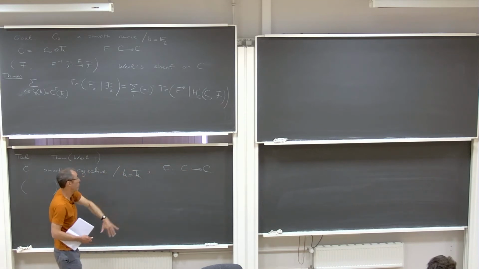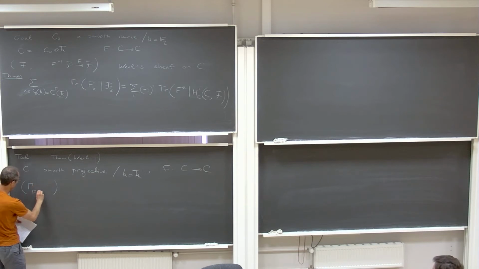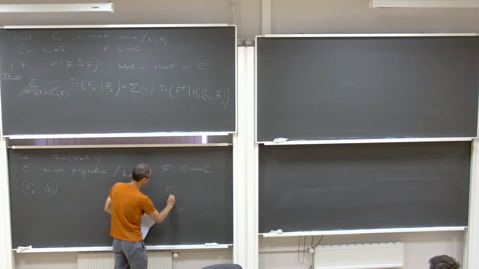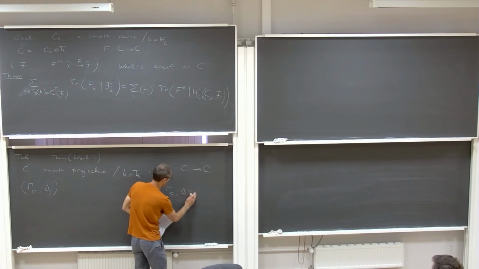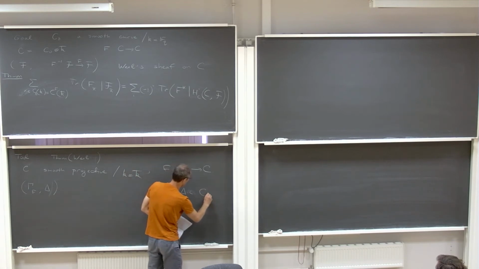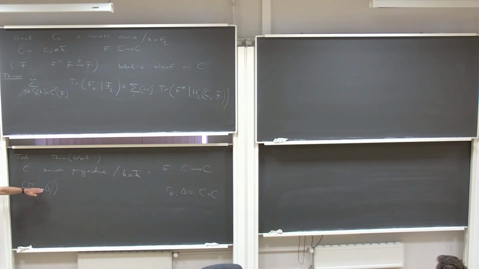F can be, for example, the identity map. Then the number of fixed points is infinite, but the way I want to define it is using intersection theory. So I consider the graph of F and the diagonal. These are closed subschemes of C times C. So C times C is a smooth projective surface, so I can take the intersection of cycles.